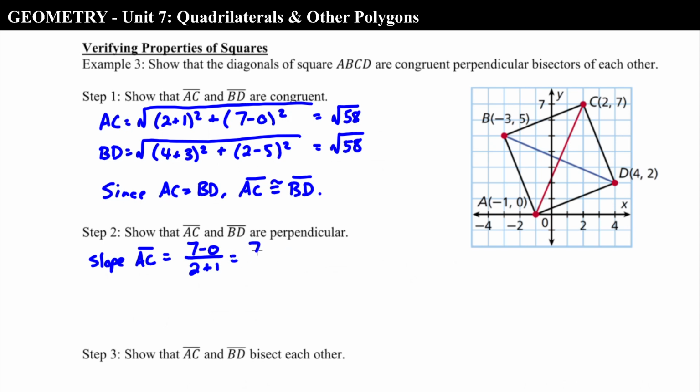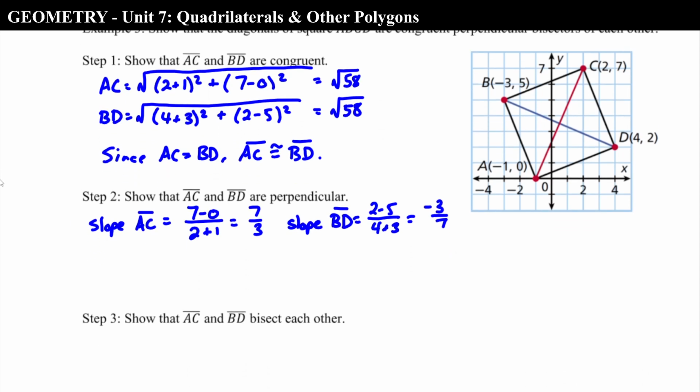That gives us 7/3. So if the slope of BD is to be perpendicular, we would want it to be negative 3/7. So let's see if that's what we get. We have 2 minus 5 over 4 minus negative 3, which is 4 plus 3, and that does give us negative 3/7. So they are perpendicular.